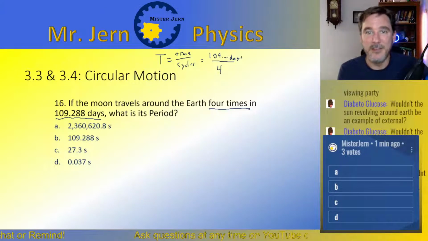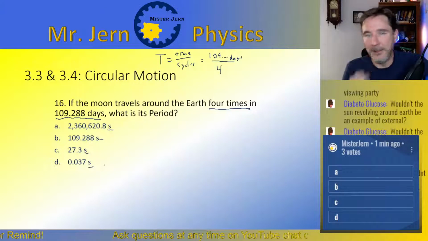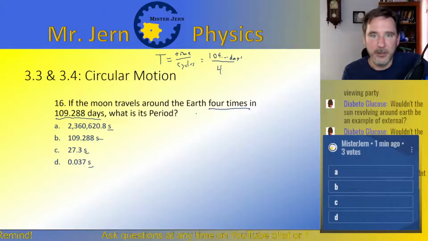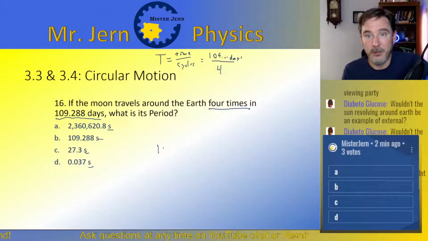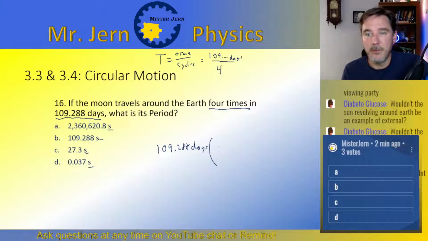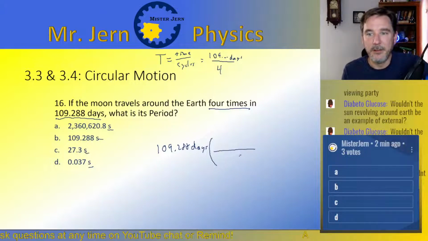And the reason is the choices are all in seconds. And so we need to do a little calculation here. And so this gets a little tricky. All right, I'm just going to do a little math here. We need to change that into seconds.